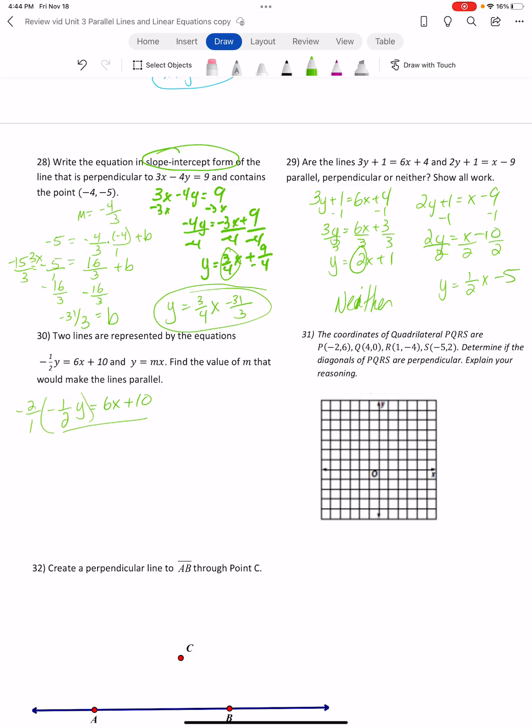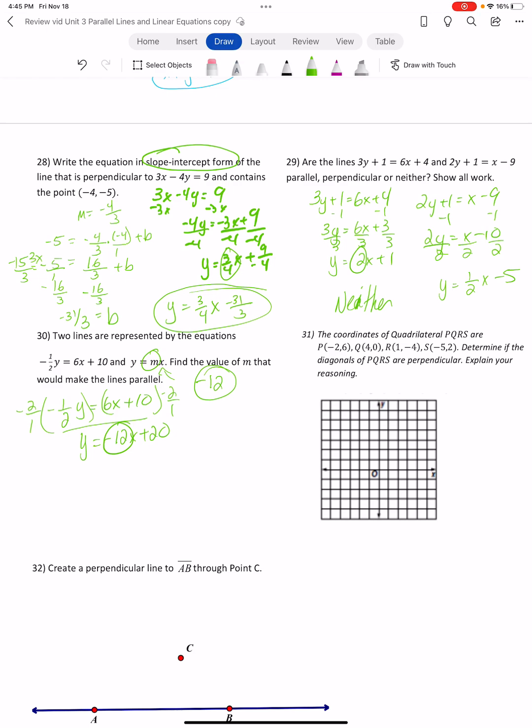So I multiply by negative 2/1. And so I end up with y is equal to negative 12x plus 20. The slope of this line is 12. So what would m be to make those parallel? Have the same slope of 12.